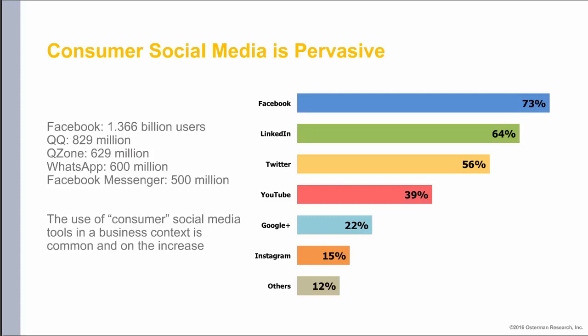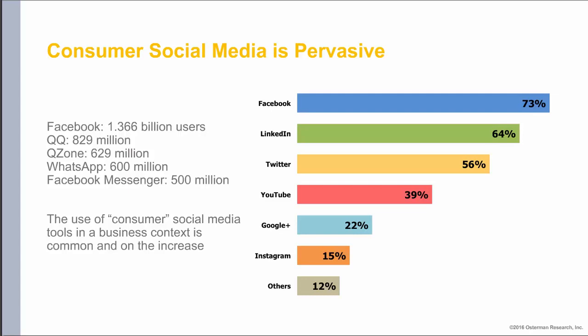And all of these tools have a tremendous amount of utility for us personally and also in the workplace. As you can see here, just from these numbers from a few months ago, there are literally hundreds of millions of users of these tools around the world, and their use continues to grow over time.